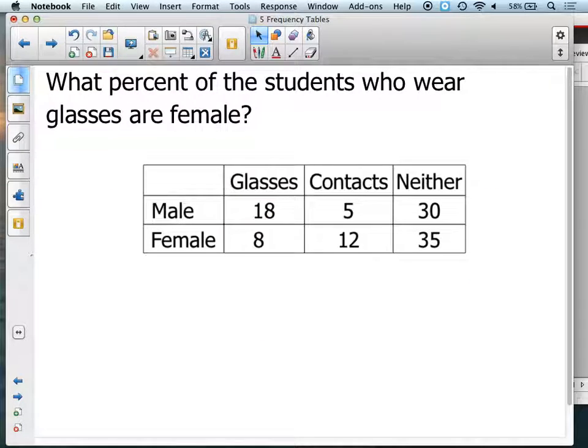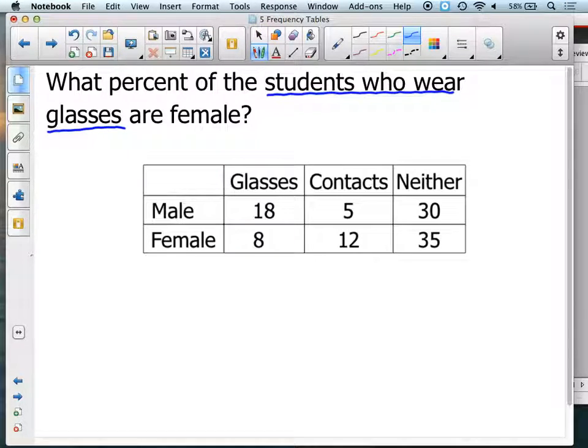And finally, what percentage of the students who wear glasses are female? Okay, so this is worded pretty interestingly. What percentage of the students who wear glasses? So how many students wear glasses? That's going to be this total here. There are 26 total students who wear glasses. And of those 26 students, 8 of them are females.